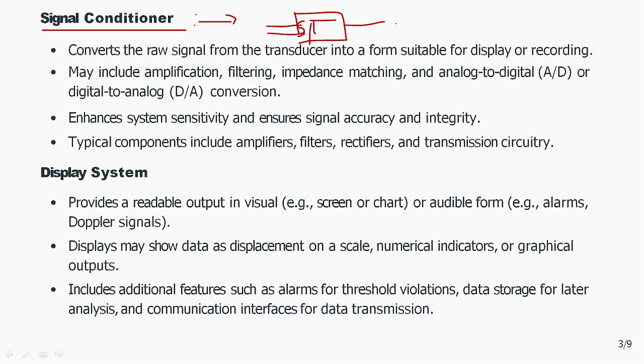This signal is an analog signal, either voltage or in the form of current. Now this signal contains numerous noises and artifacts, so we have to filter out those noises.